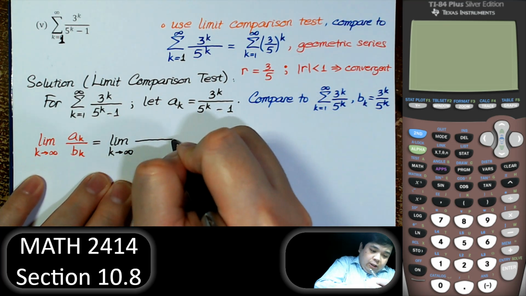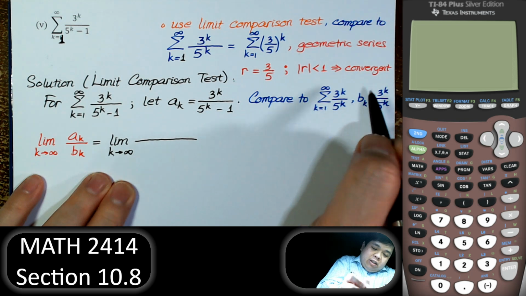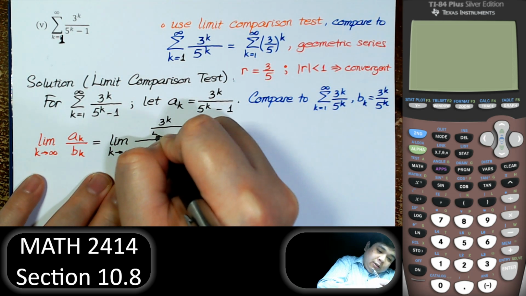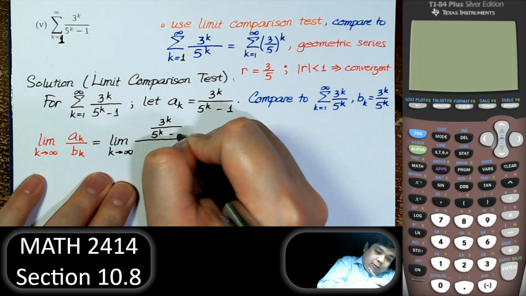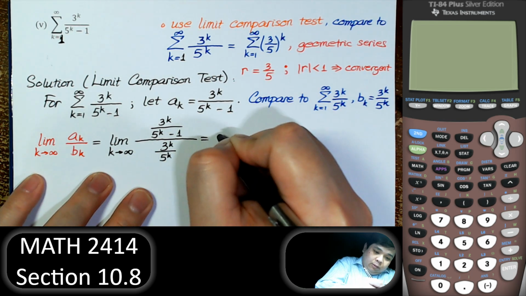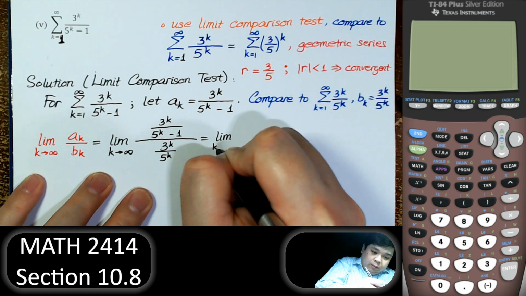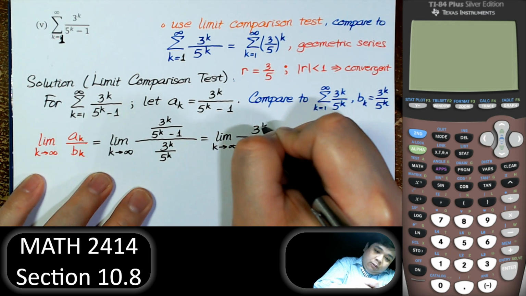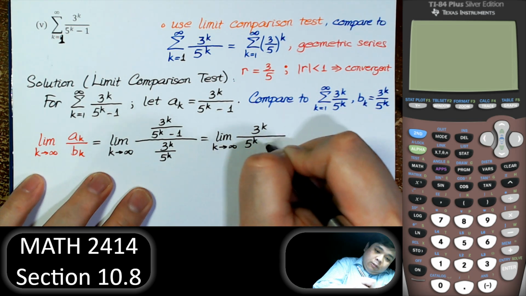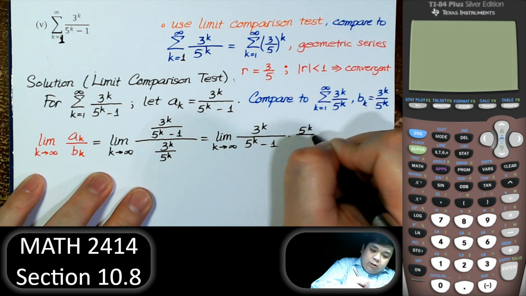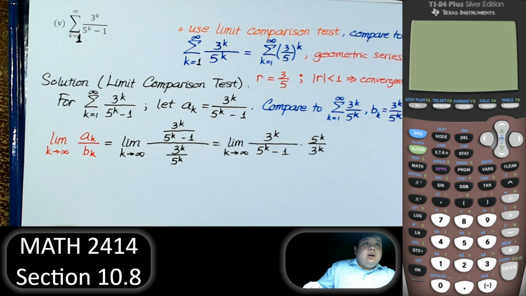So a of k over b of k, multiply by the reciprocal.